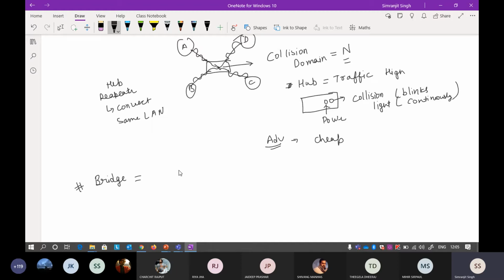But a bridge has a particularly different thing about itself: it is used to connect two different LANs. Why? What exactly is the meaning of two different LANs? I'll tell you about it. So it is used for connection of two different LANs.